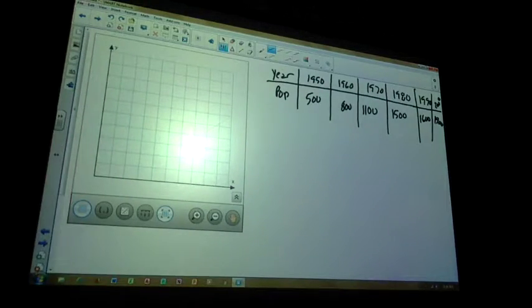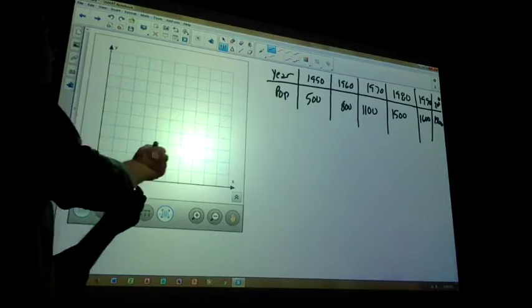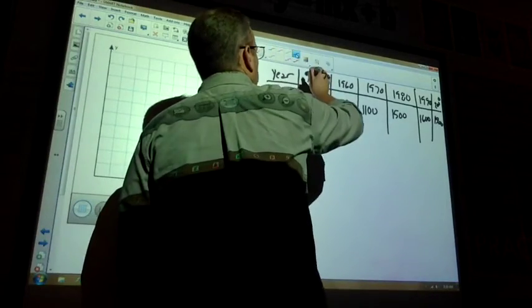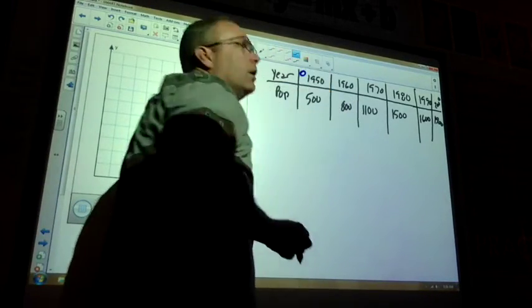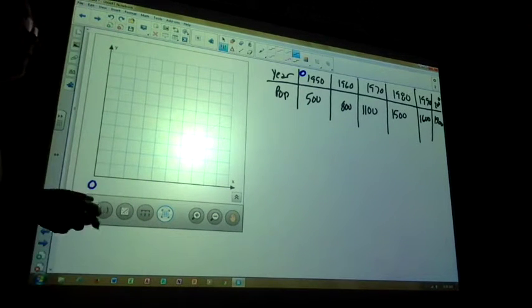Yeah. Okay. So let's think. No matter what we do on our x, will each little square be the same amount? Yeah? So our starting point is 1950. I guess I could write 1950 right here, but that's a really bad representation. So let's put this at year 0. At year 0, we have 500 people.